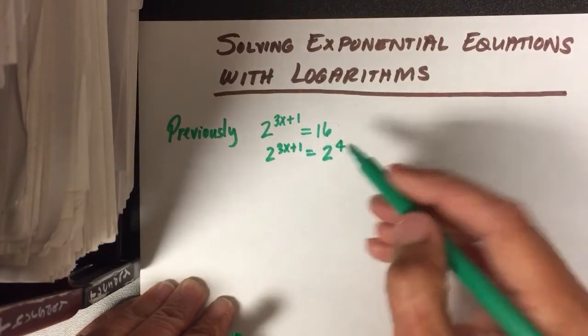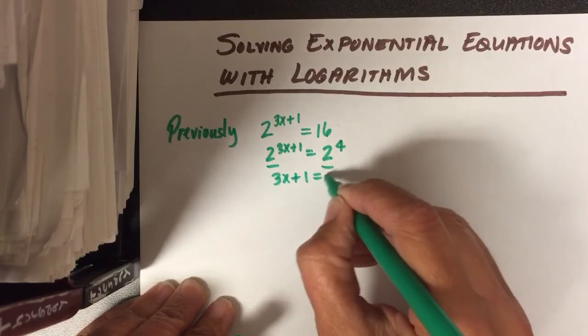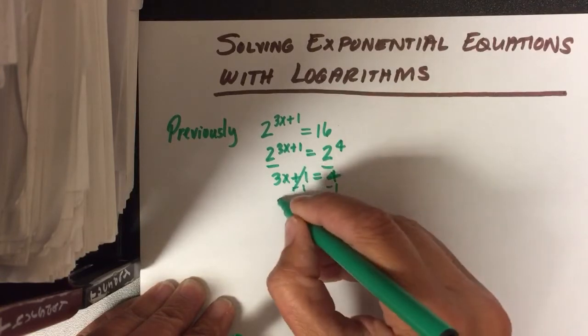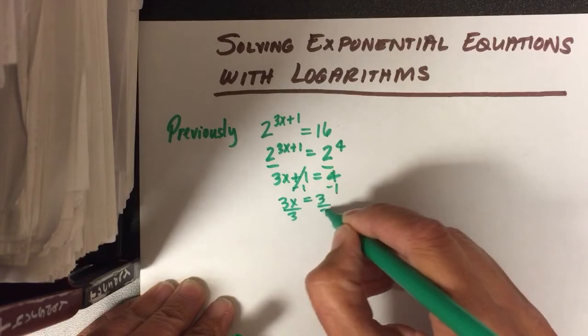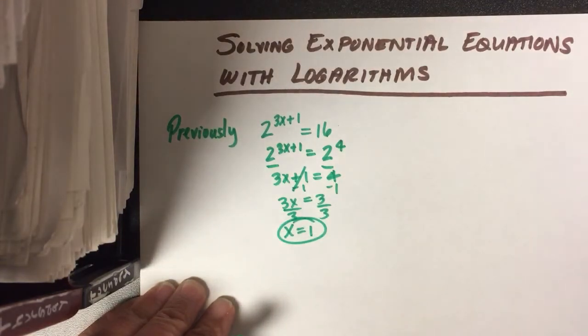So with the same base, we can set the exponents equal. Solve that for x. So 3x equals 3. Divide by 3. x equals 1. So that's what we did previously.